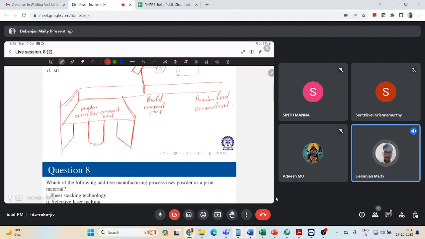This is my piston, as I was mentioning, some piston mechanism, and at each compartment you will have this kind of piston.